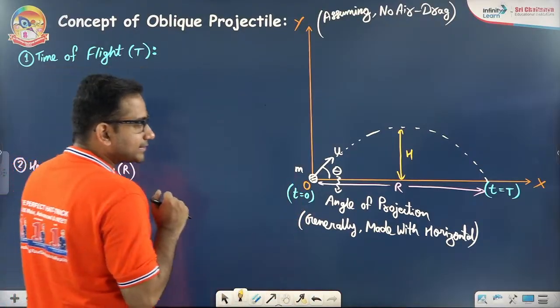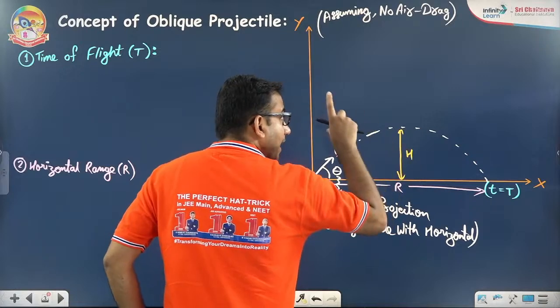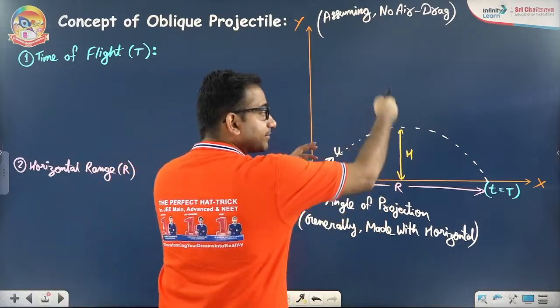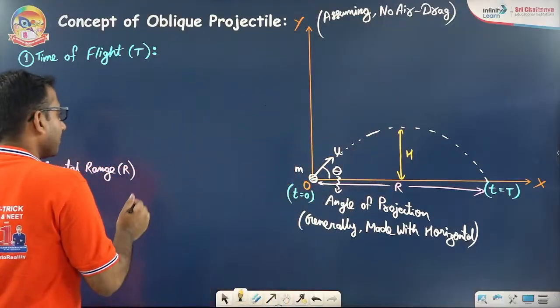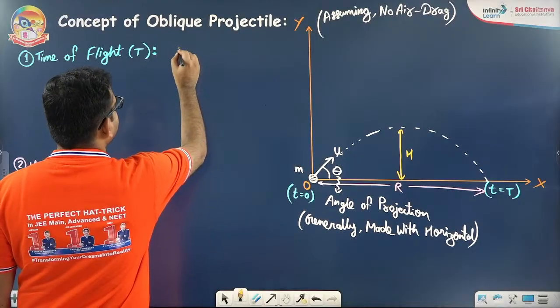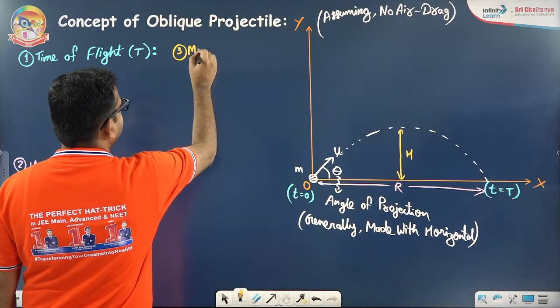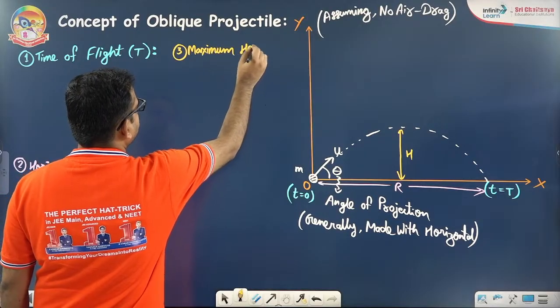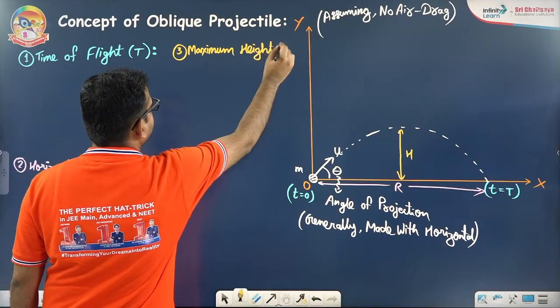Understood? The maximum displacement covered in the y-axis can be called the maximum height. So the third thing we need to understand is maximum height, H max.